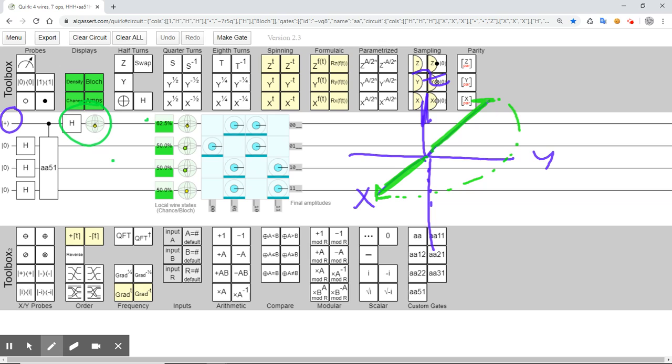If you end up here and apply Hadamard again, that's the minus state. It will take you to 1 with 100% certainty. If you stay in here, it's going to take us to 1 with 50% probability.